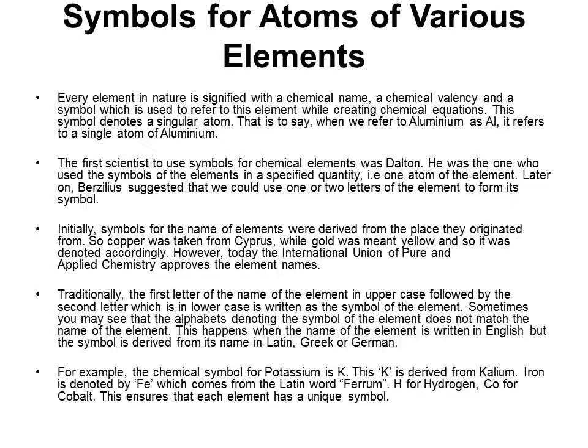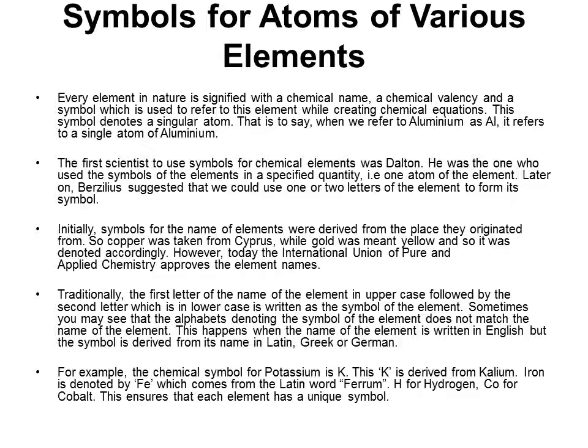Traditionally, the first letter of the name of the element in uppercase followed by the second letter, which is in the lower case, is written as the symbol of the element. Sometimes you may see that the alphabet denoting the symbol of the element does not match the name of the element. This happens when the name of the element is written in English but the symbol is derived from its name in Latin, Greek, or German.